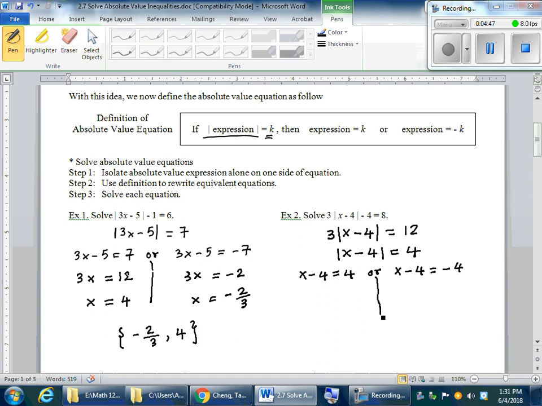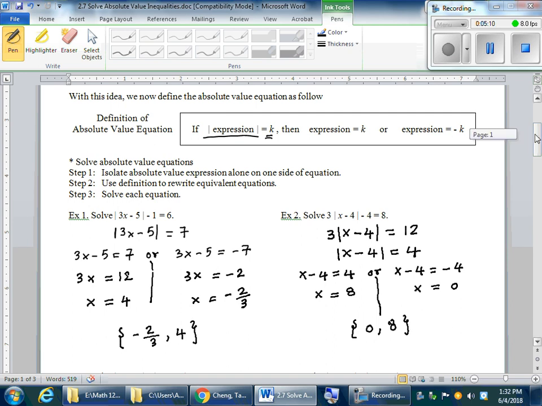Solving each case, on the first equation, when you add 4 to both sides, that will become x is equal to 8. On the second equation, when you add 4 to both sides, that will become x equal to 0. So my final answer is 0, 8.